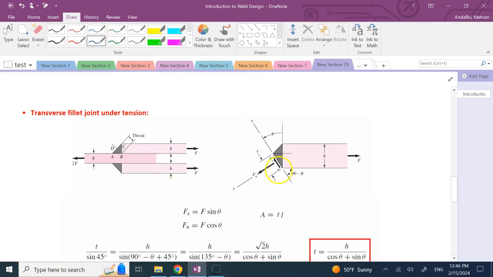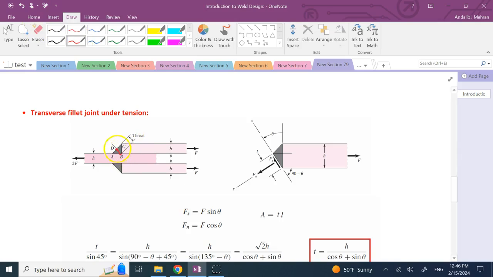In this scenario, if you cut inside the weld and get this area here, go to this plane where the throat of the weld is defined for that cross section. So in this case, distance CB or AB is not going to be the throat. Okay, the throat is this shorter distance from point B to the line AC. That is your throat, which in this case is at 45 degrees.